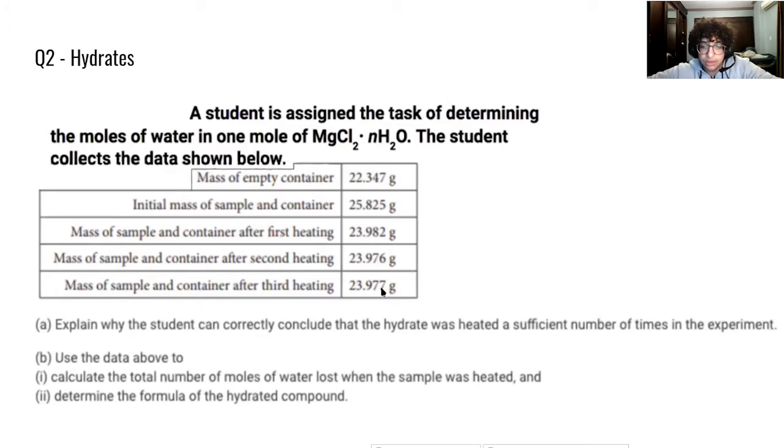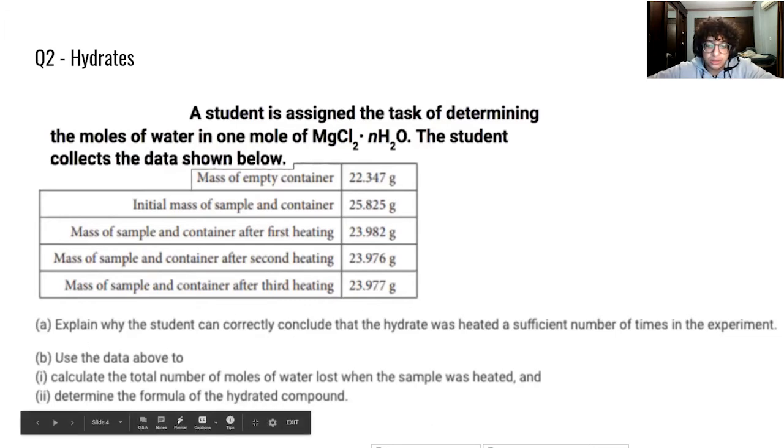So there's no reason for it to be heated a fourth time because it's just going to be very similar. The precision here is very close. And so 23.982, there's a difference of 0.006, and then there's a difference of 0.001. So the student feels that there is no need to repeat the experiment because of the precision of his experiment in heating. Now that is question A.